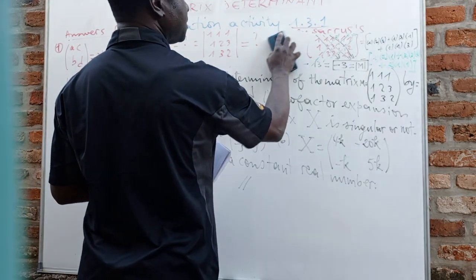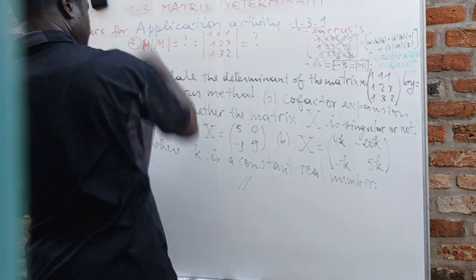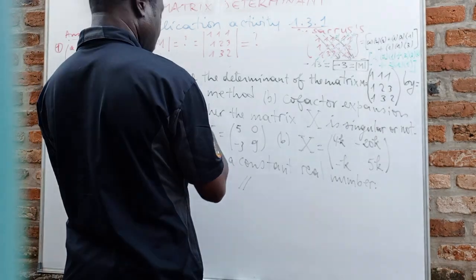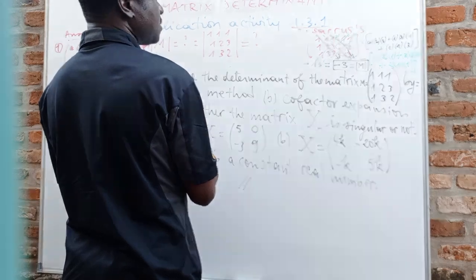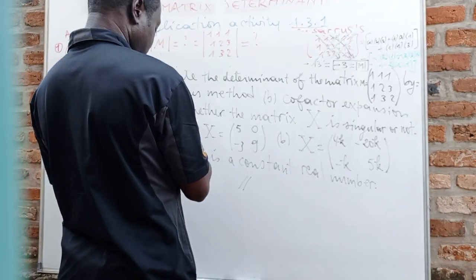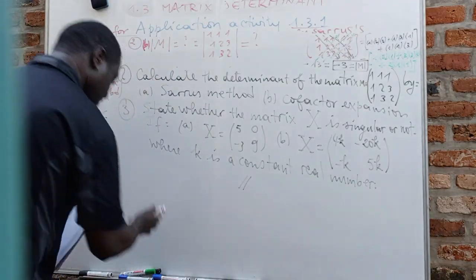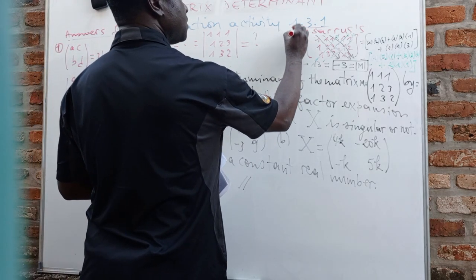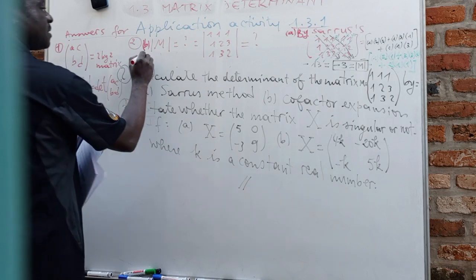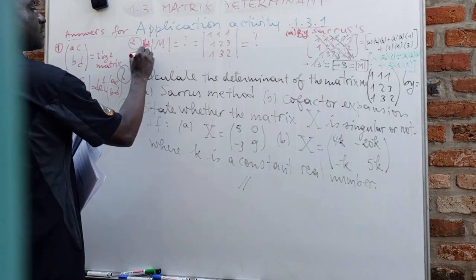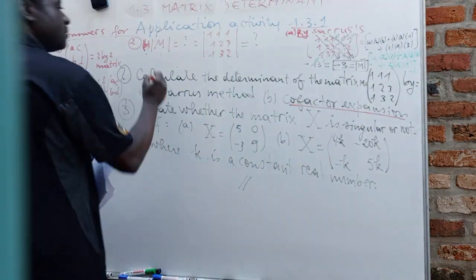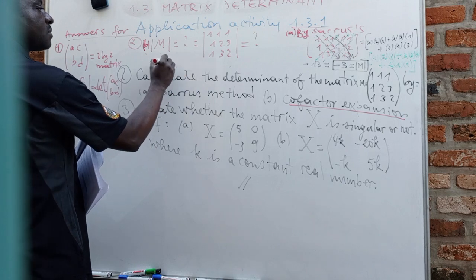Sarrus method, that was A. Let me just name this by Sarrus method. Now B here, by cofactor expansion method. So what are we going to have?